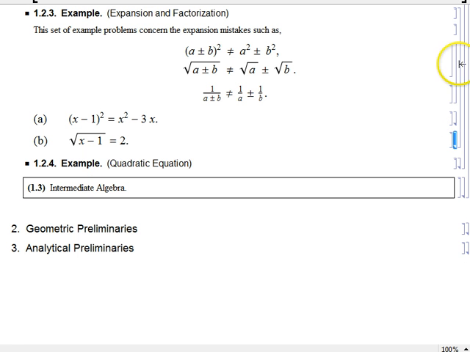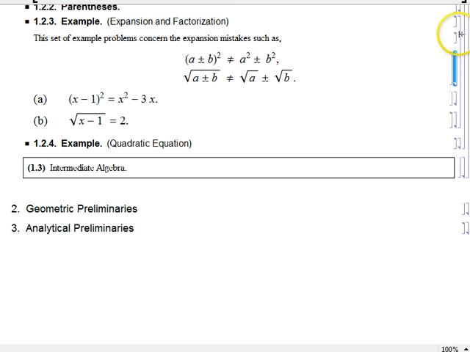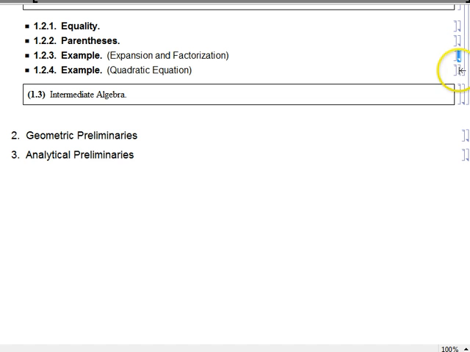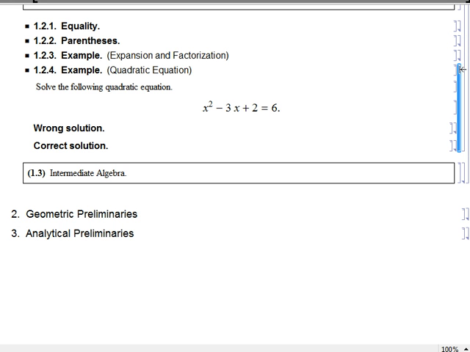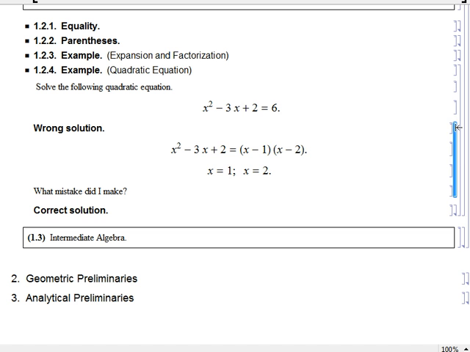Okay. And then let's move on to another kind of mistake that I see. Not as often as the others, but I've seen it even at calculus level. If you have a quadratic equation, you can factor it, but the right-hand side is important. You cannot just ignore it as if there was nothing there.